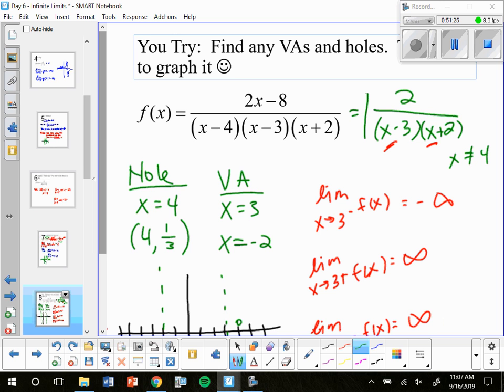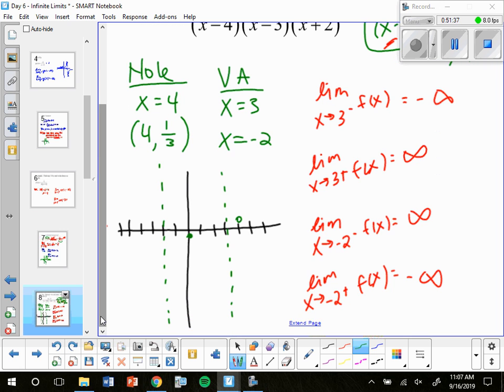Does my simplified function ever equal 0? No, so I don't have any x-intercepts. I cannot cross the x-axis. And so using that, I know lastly that if I look at 3 from the left, it's going to negative infinity, and 3 from the right is going to positive infinity. I'm going to connect through that hole; I can't cross.